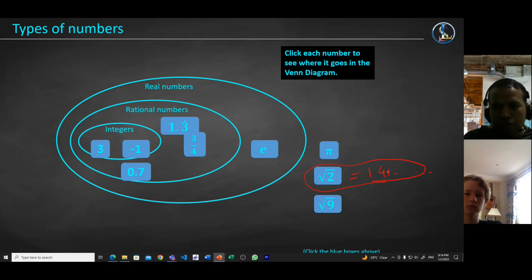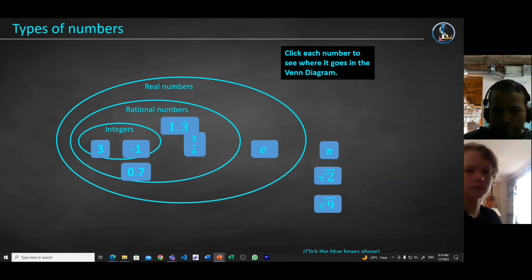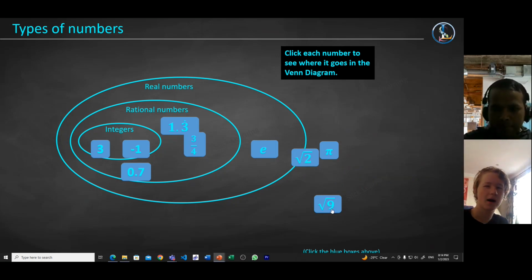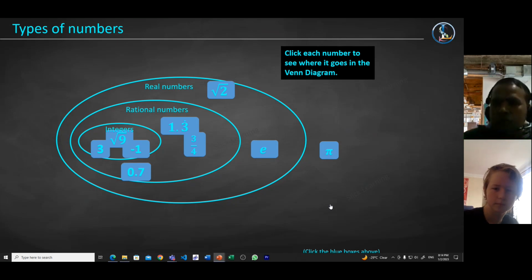We cannot write it in the form of p over q. And square root 9 comes to 3 since it is a perfect square, so it comes in the category of integers, as you said. And how about pi? Pi would be a real number? Yeah, that's right. Since pi is an irrational number, it goes in real numbers.